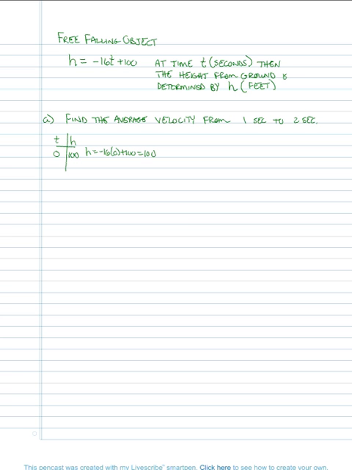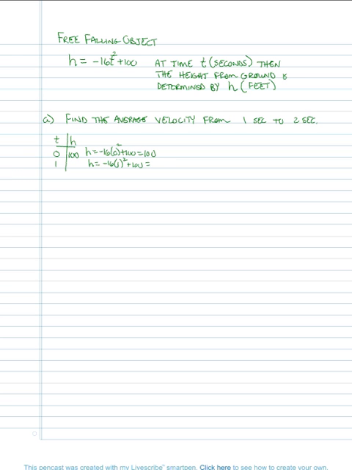And that's what I was mentioning a while ago: an object being dropped from 100 feet up. After 1 second passes, we calculate the height off the ground as negative 16 times 1 squared plus 100. And I see I wrote this equation down way up here incorrectly. That's negative 16t squared.